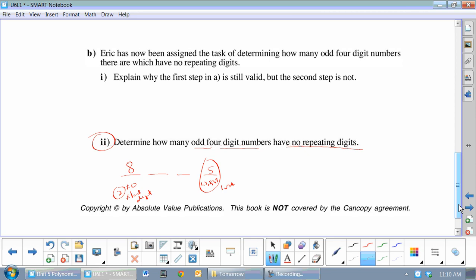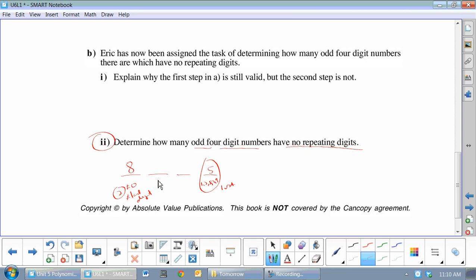What am I not allowed to use? Give me the numbers I'm not allowed to use for this one here. I can't use this, so say the 3, and here I can't use, say, a 6, right?